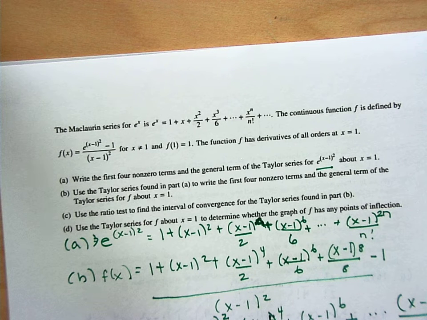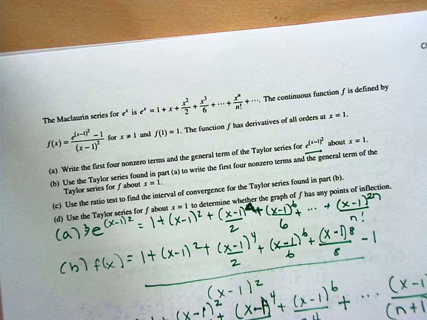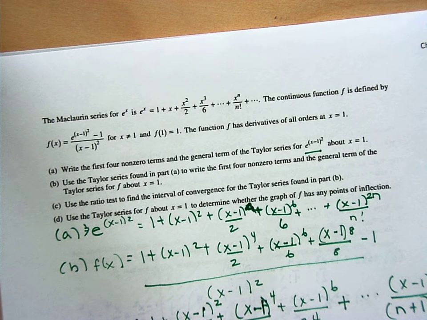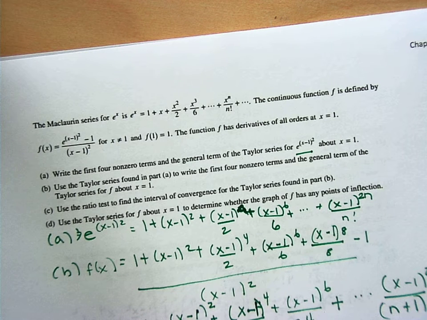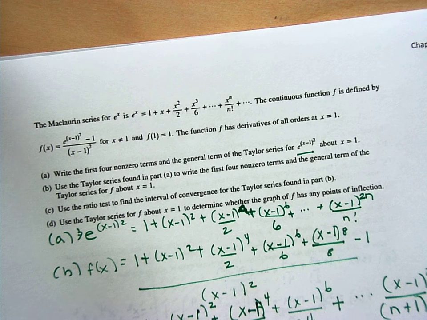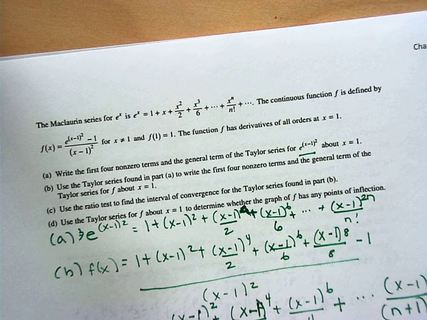Okay, so that's part B, and part C is going to ask us to use the ratio test to find the interval of convergence. So the limit as n goes to infinity, and we're going to go right to the flip the guy stage. So this is going to be (x minus 1) to the 2n plus 2 all over (n plus 2) factorial times (n plus 1) factorial all over (x minus 1) to the 2n.